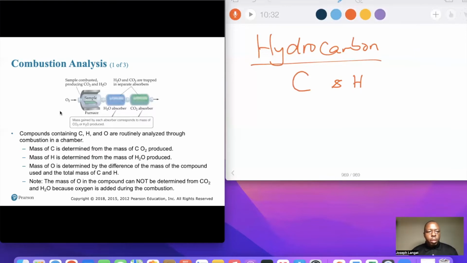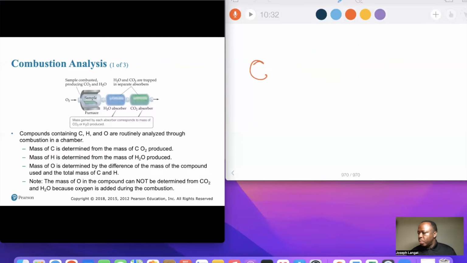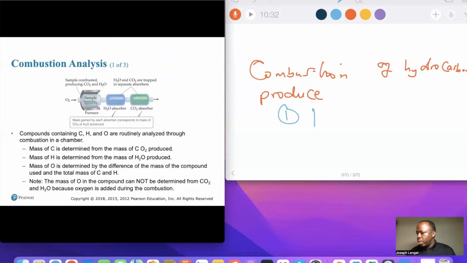This means the combustion of a hydrocarbon will produce what? Two things. One, H2O and what? CO2.